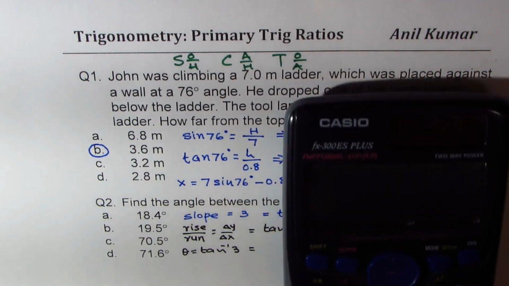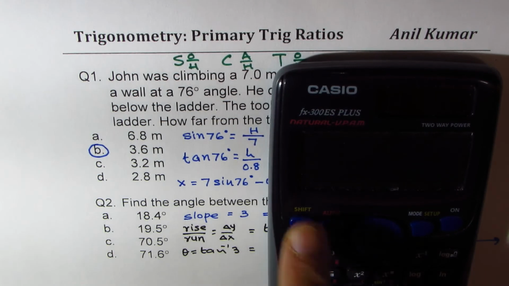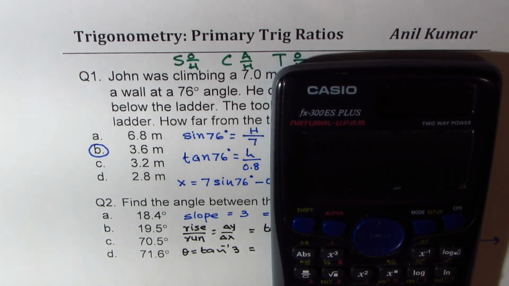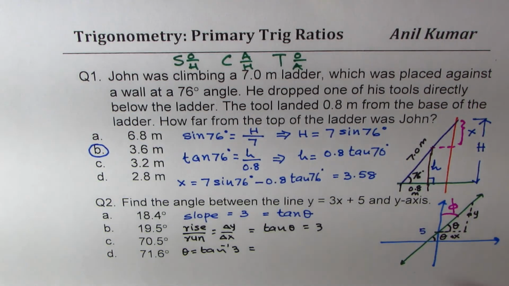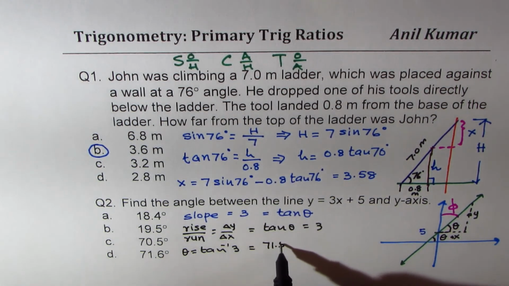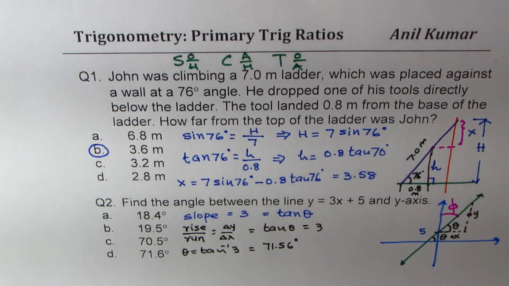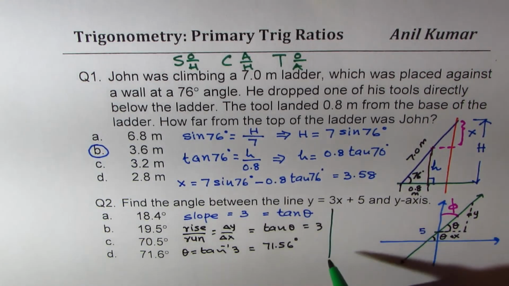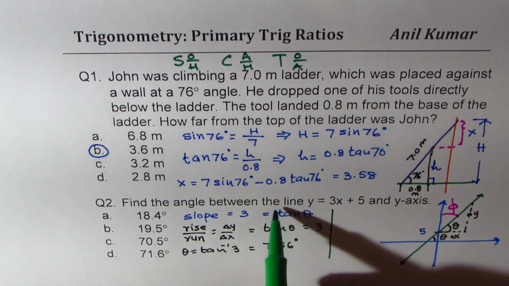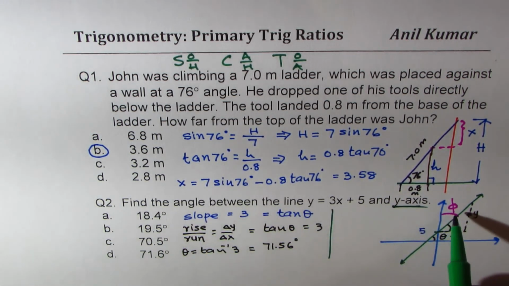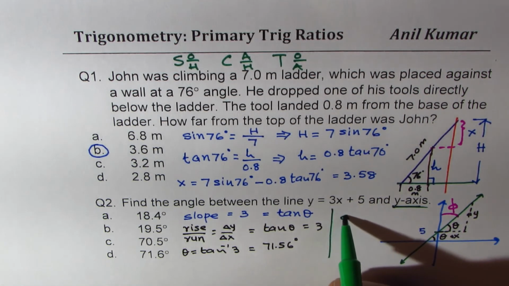So let's find it. What is the angle with the horizontal? It is shift tan inverse of 3. We get 71.56. So this is this angle. But what is the angle with the vertical? Since we need to find the angle between the line and the y-axis, we need this angle, phi.